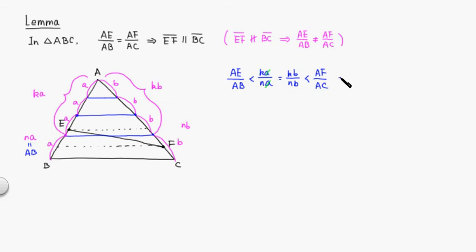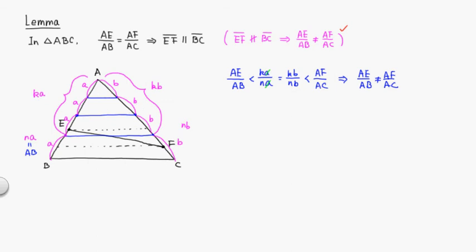So therefore, we know that AE over AB is not equal to AF over AC, right? So this verifies that. In my picture, it could be the other way around, but the argument is very similar.